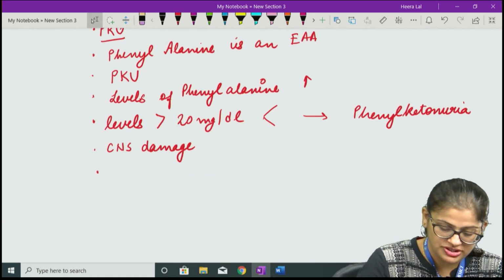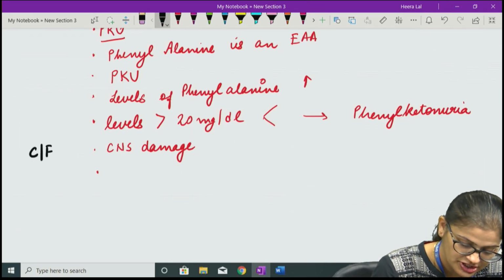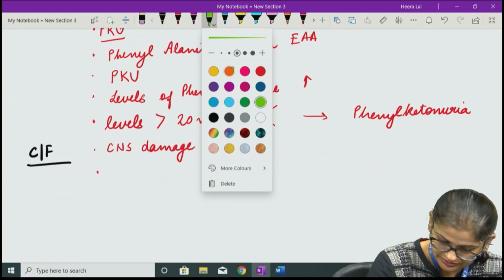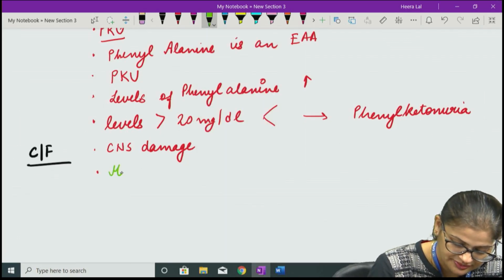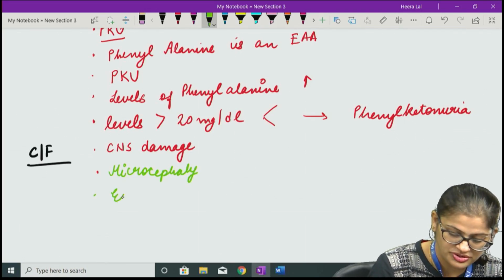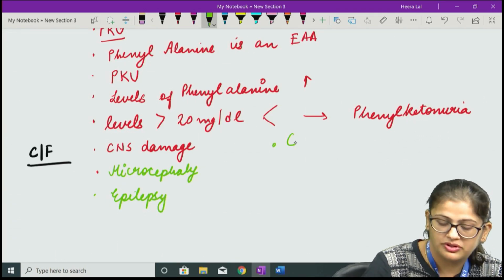Important clinical features of this condition include CNS damage. There can be microcephaly. Child can have epilepsy or seizures. There may be cognitive dysfunction.